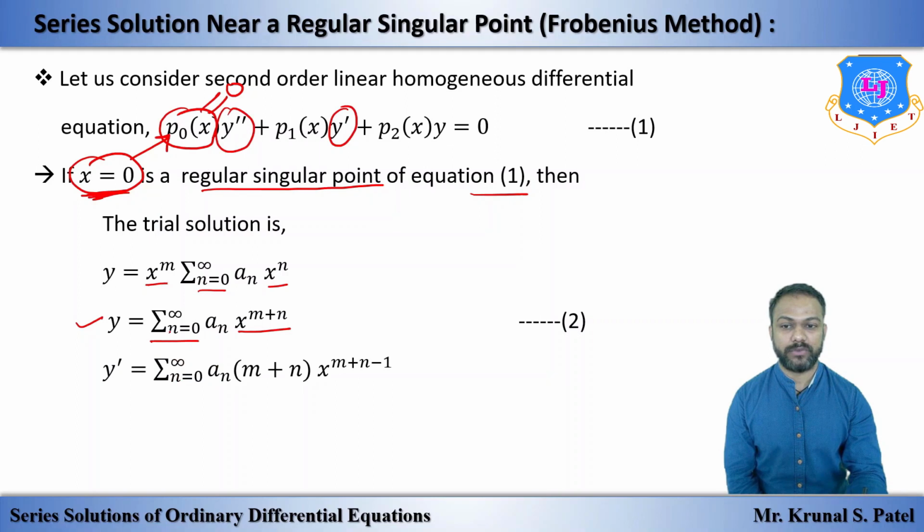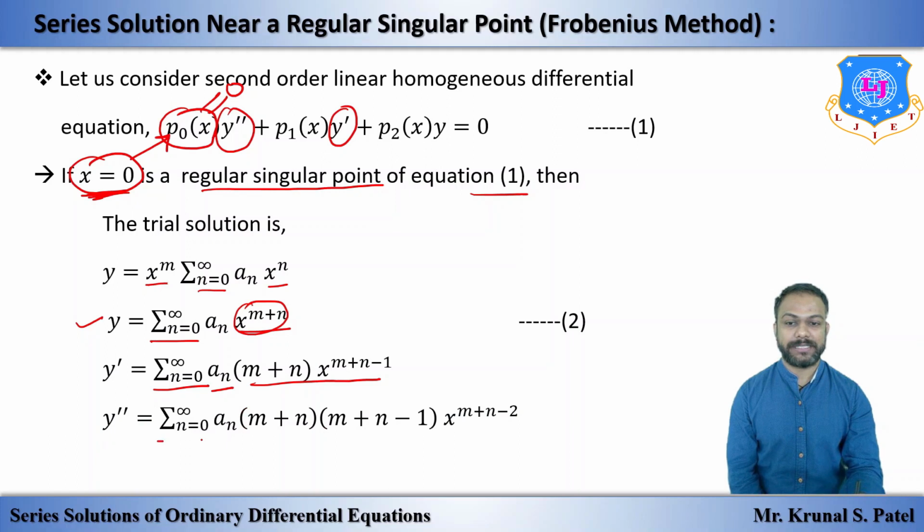So y dash is equal to sigma as it is, a n constant as it is, and differentiation of this is m plus n x raised to m plus n minus 1. Similarly y double dash is sigma as it is, a n as it is, m plus n as it is, and differentiation of this term is m plus n minus 1 into x raised to m plus n minus 2.